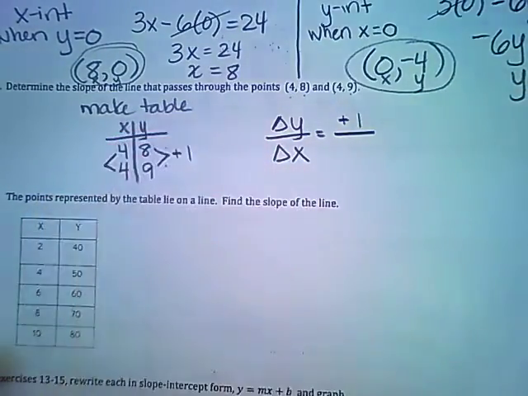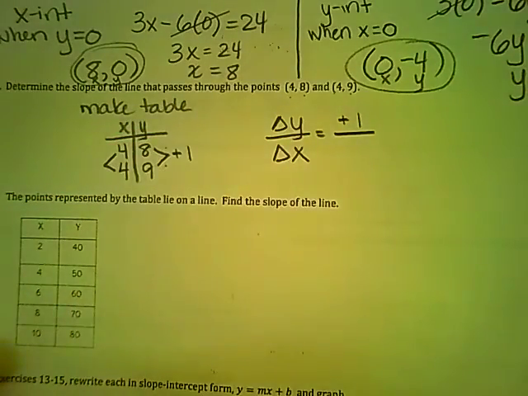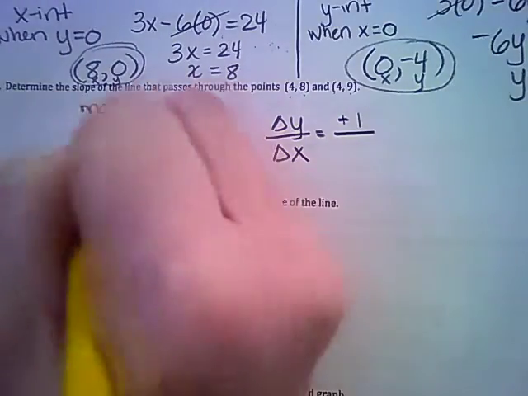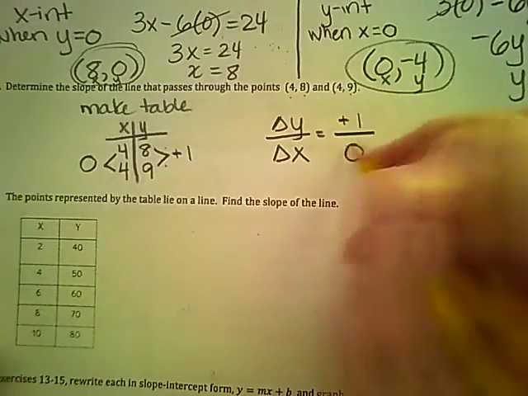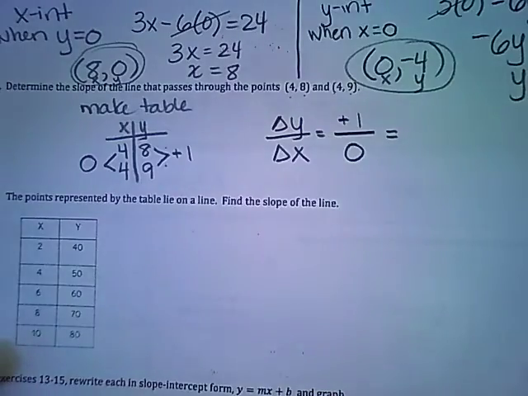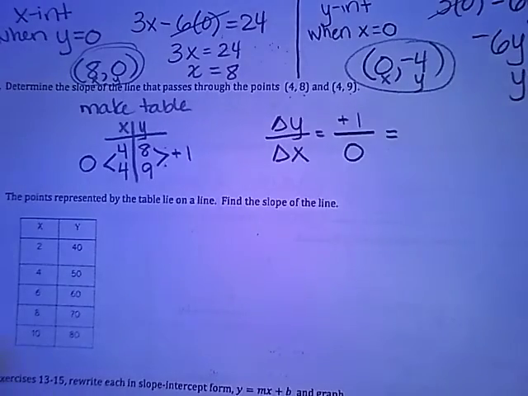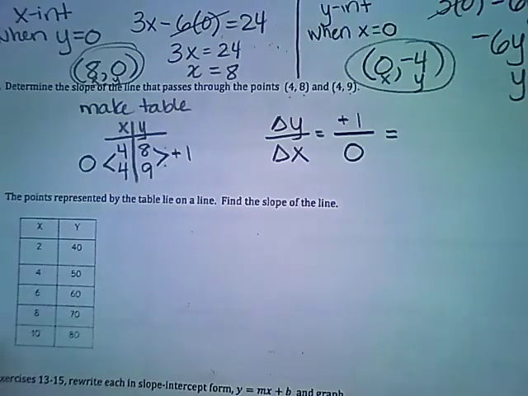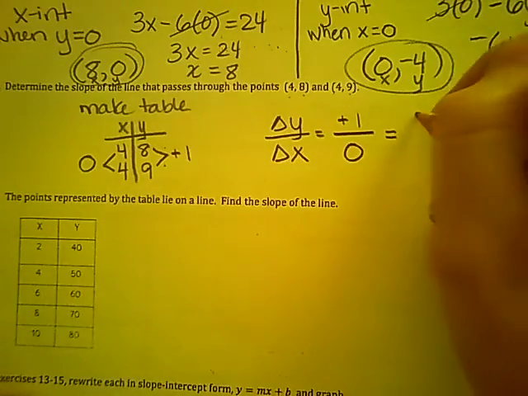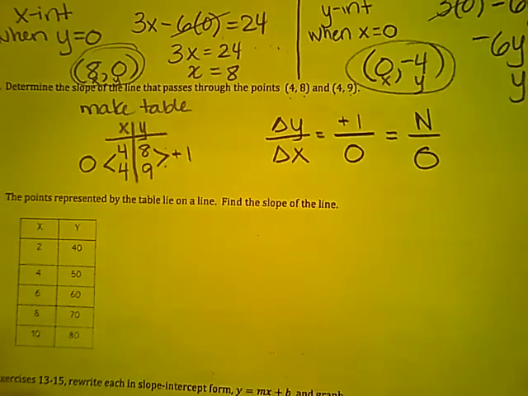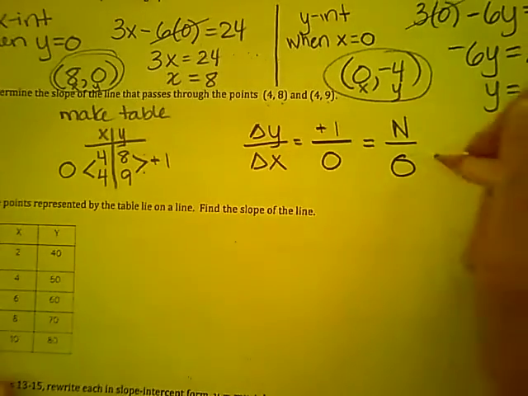My change in x, how do I go from a 4 to a 4? Is there any change there? No change. My change in x is 0. 1 divided by 0, or 1 over 0. Who knows what the slope would be for this problem? Not 0. Remember, you can't have a 0 in the denominator.